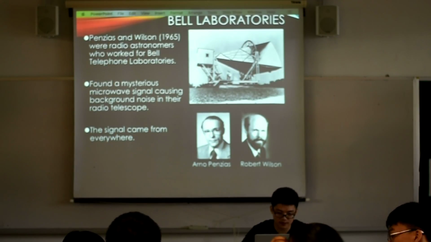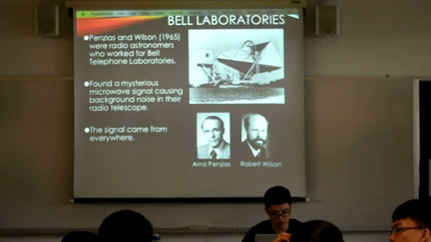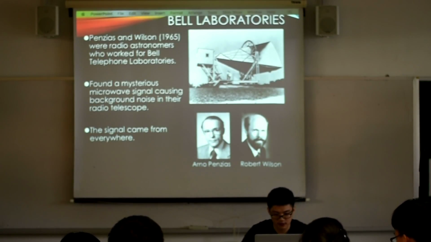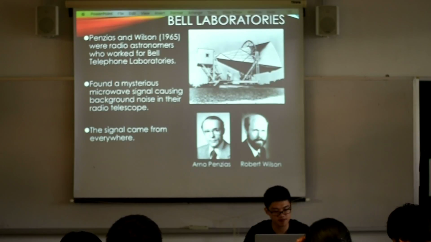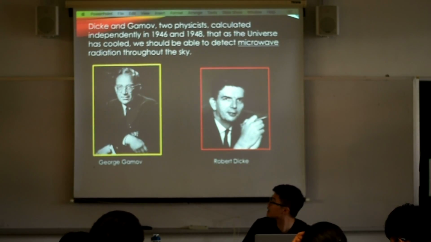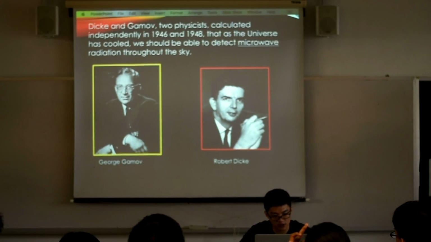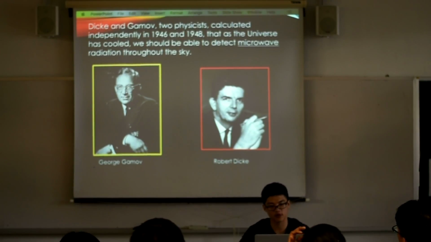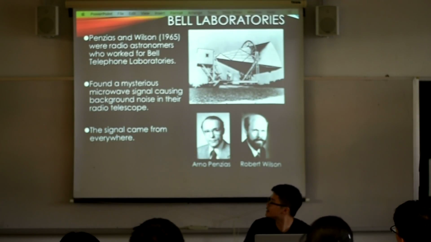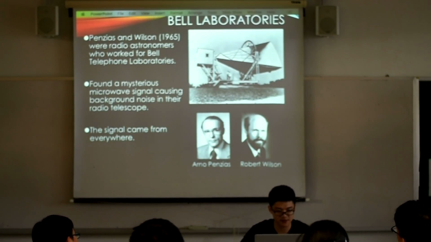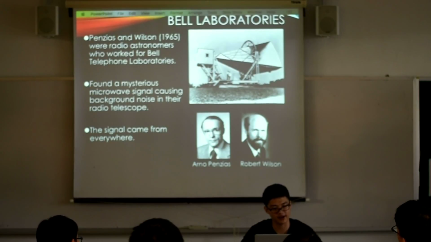the Dicke group, which is the guy on the right, found that it is actually the cosmic microwave radiation. And the two physicists here got the Nobel Prize because of it.